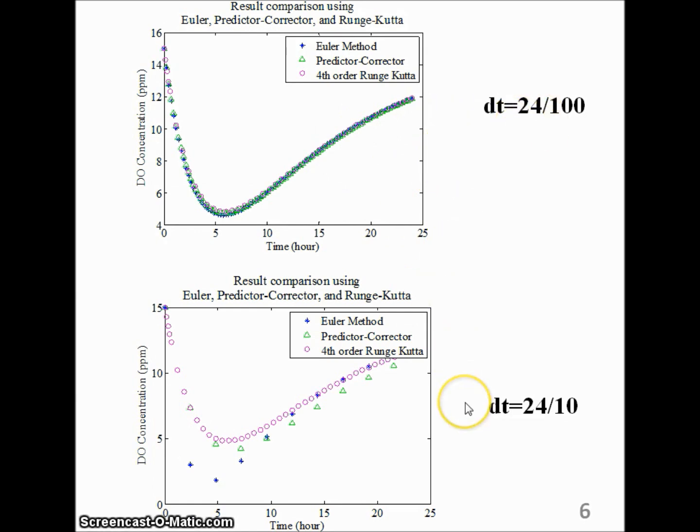If we make dt bigger, in this case 24 over 10, we can see that all of the methods go in different directions, and this is not what we want. We want the 3 methods to give a very small error compared to each other. So delta t plays a very important role in this case.